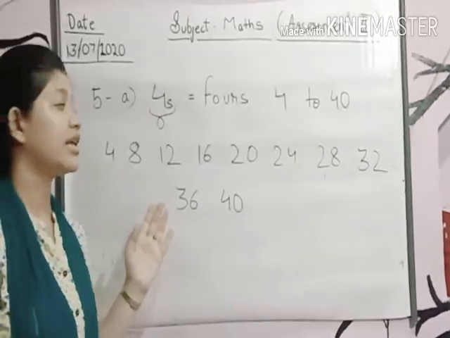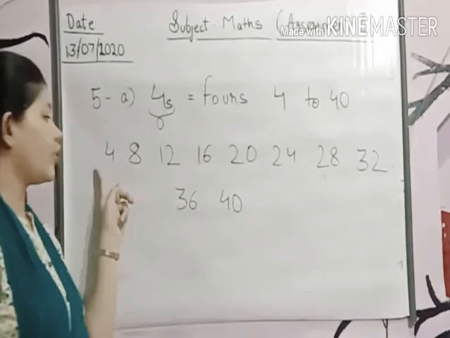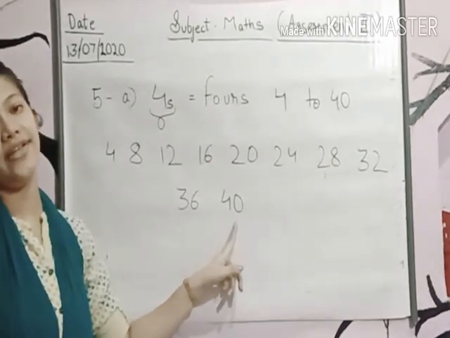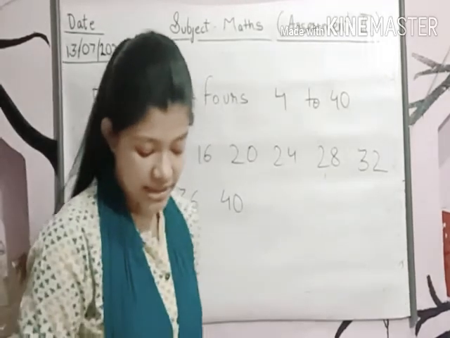So here is the count forward of 4s from number 4 to number 40. Clear? Okay.